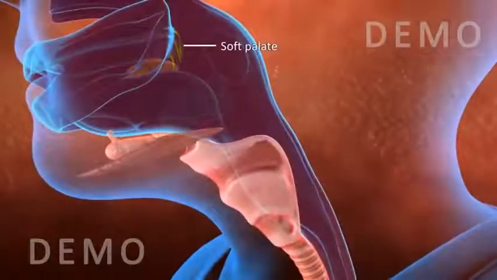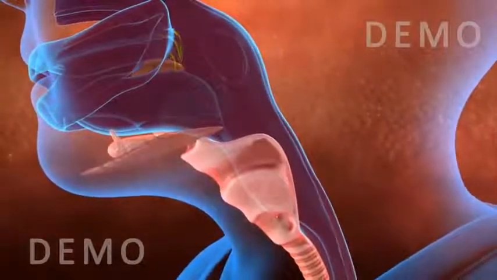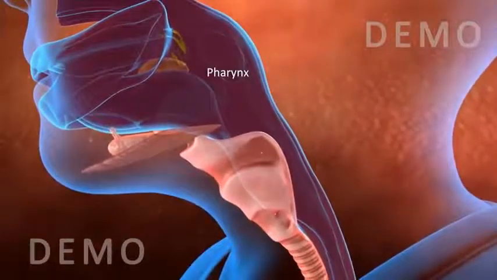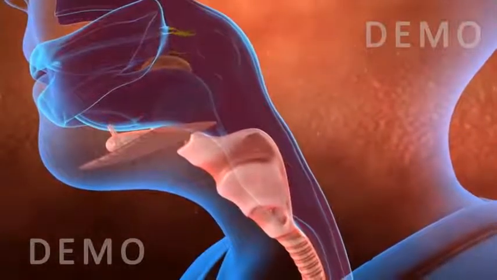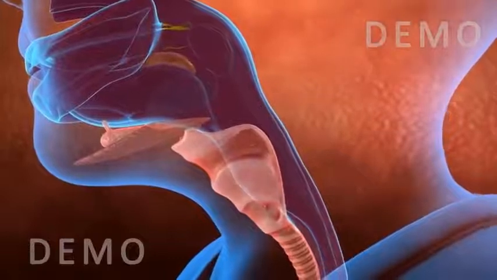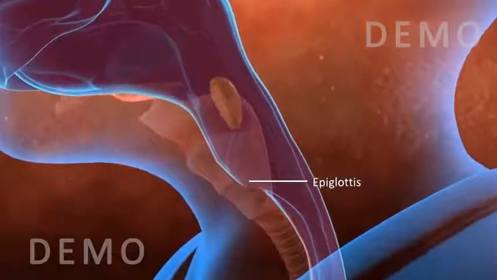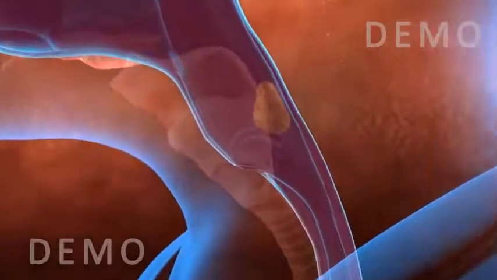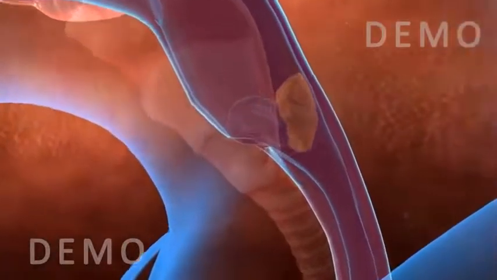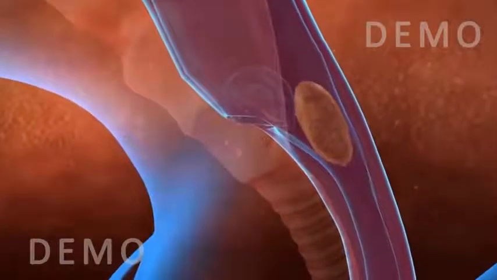the soft palate blocks the upper throat called the pharynx, which prevents the entry of food into the nasal cavity. When the food passes over the epiglottis, which is a flap-like structure which prevents the entry of food into the trachea, it pushes down the epiglottis.